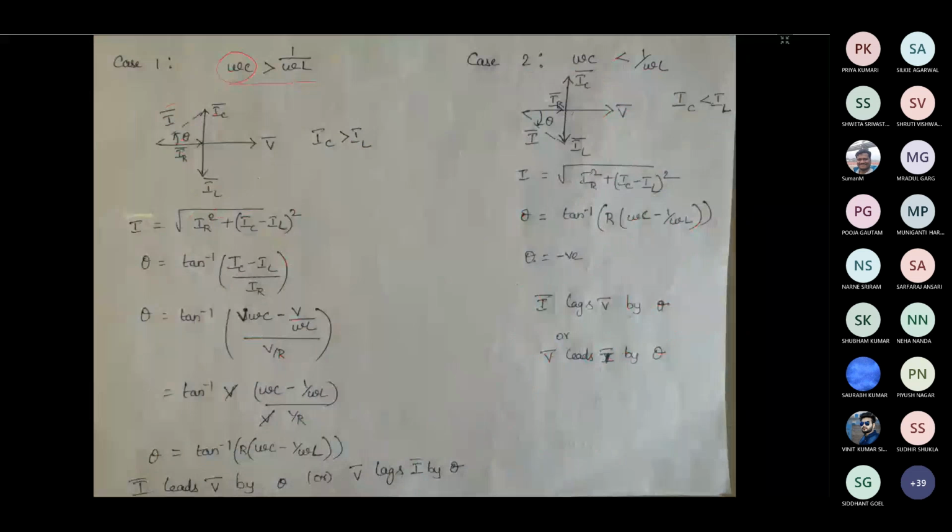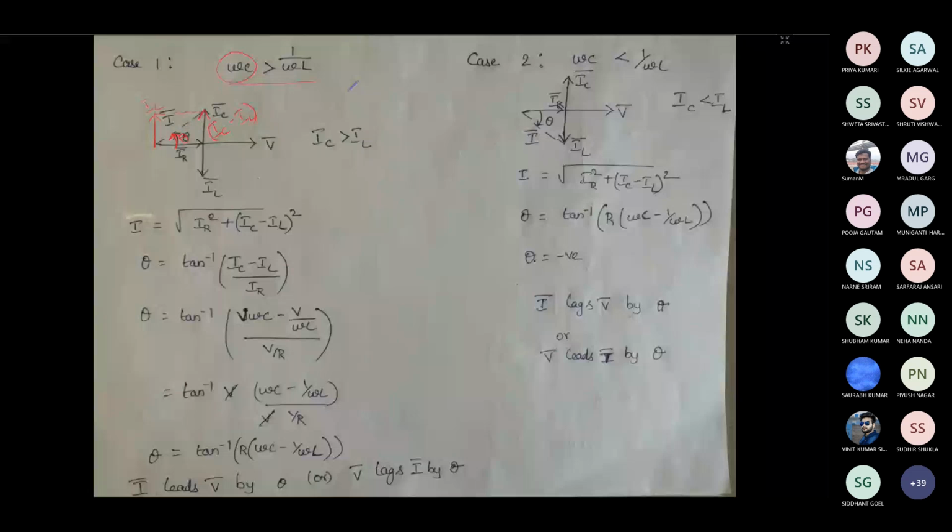Since the capacitive part is higher, IC and IL are in opposite directions. So the overall magnitude available here is IC minus IL. Then if you find the angle between them, you get the angle between voltage and current, that is theta. You can either mention this vector here, IC, or here, it does not matter.